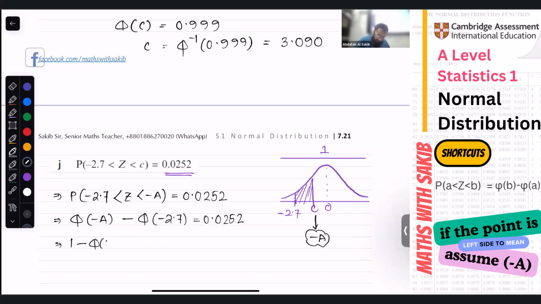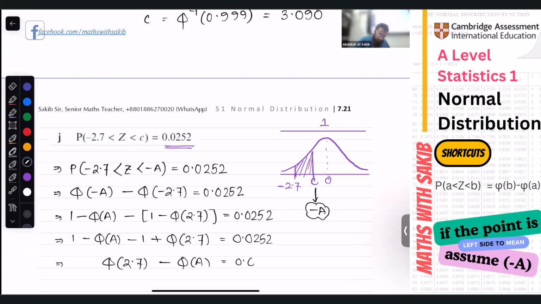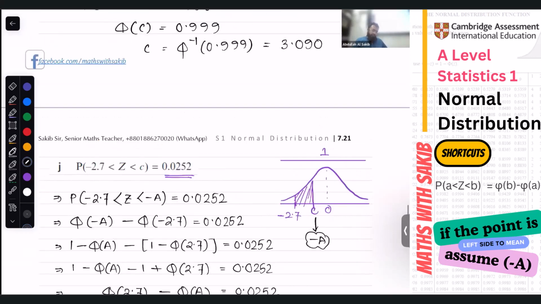Phi of negative means what? 1 minus phi A. Phi of minus 2.7 means what? 1 minus phi 2.7. And that's equal to 0.0252. So if we take off the bracket, and the value of phi of 2.7.